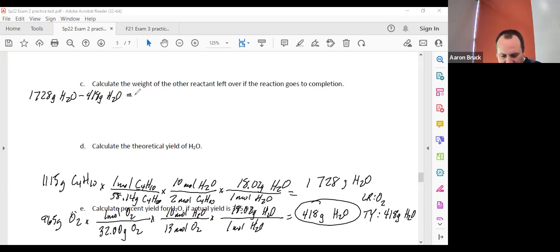And that gives me 1,310 grams of water that were excess. That excess, I can now convert backward to figure out how much butane would have been used to make it. All I'm really doing is taking this stoichiometry here and running it back.